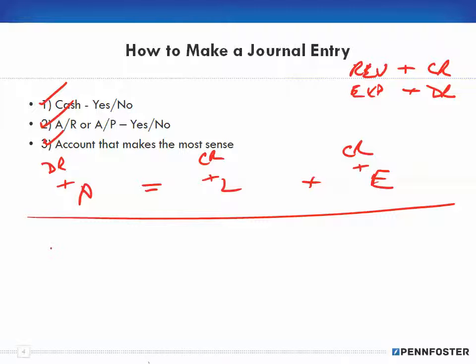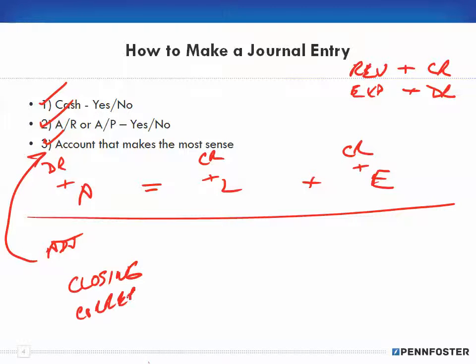But when you start working with adjusting entries, you're going to be dealing with number 3 primarily. And your closing entries and your correcting entries are based upon what you've already done before. It's sort of like a credit memo where you end up reversing what you've done before. But your adjusting entries deal primarily with number 3.